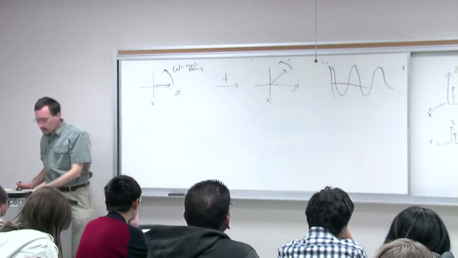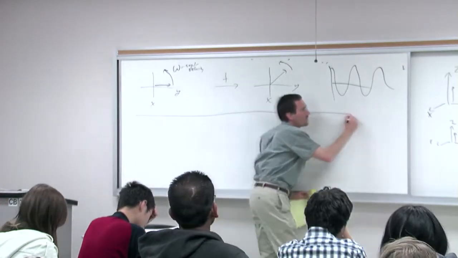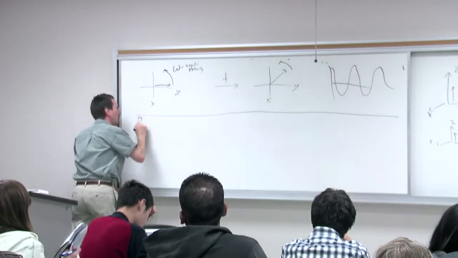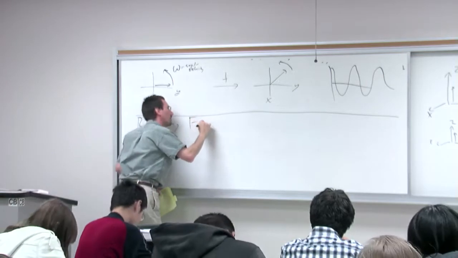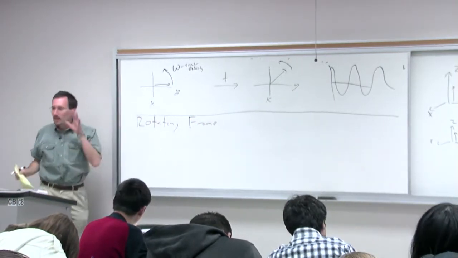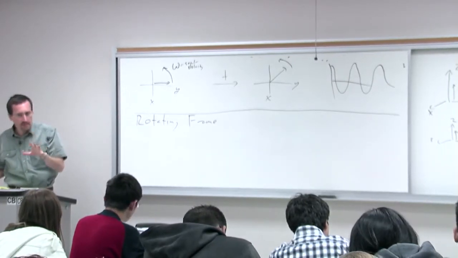All right, what I want to do at this point, though, is to introduce a concept that NMR spectroscopists use to make their lives easier. And the idea is the rotating frame. It's basically saying, let's just have our axes precess for conceptual purposes.